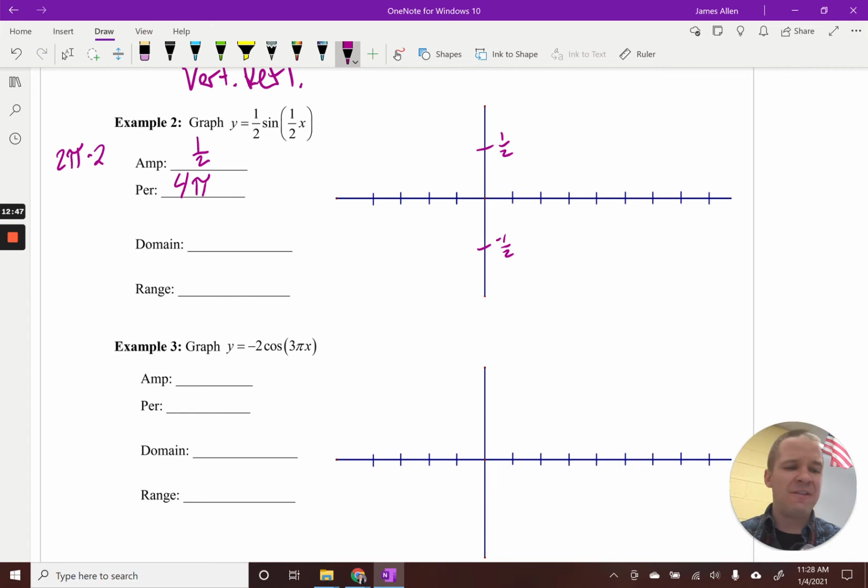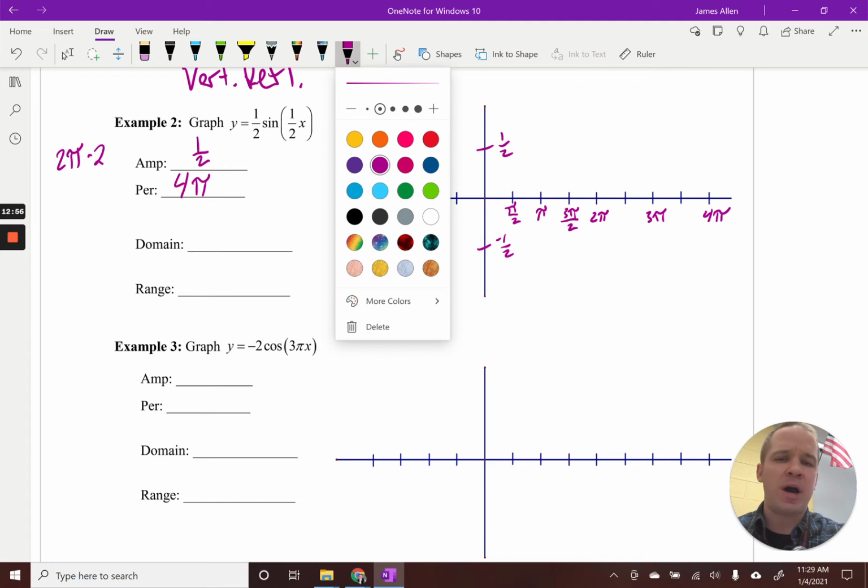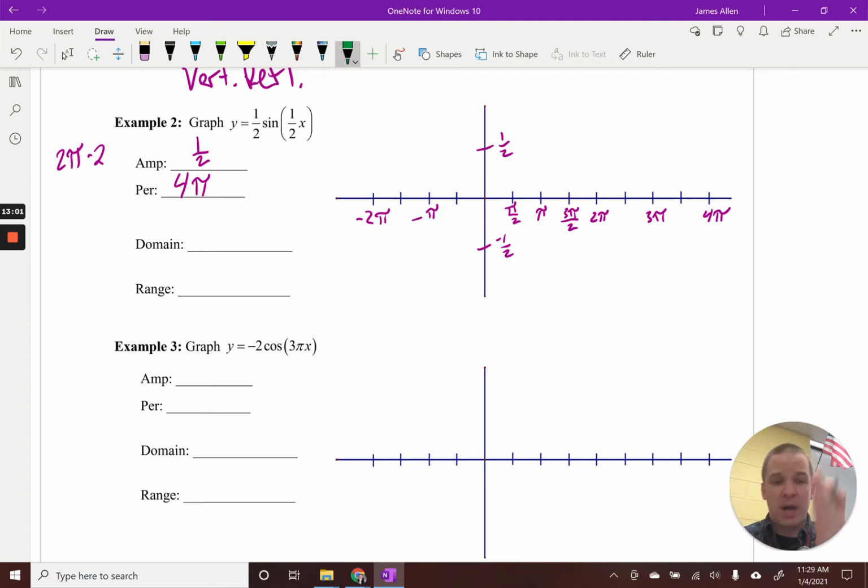And then I have to figure out some of my values to plot. There's no phase shift, so I'm still starting at 0, 0. You see what I did is I went by pi over 2s. That was what our initial parent function did. It went by pi over 2, pi, 3 pi over 2, and so on. But we do notice that, what kind of transformation is this?